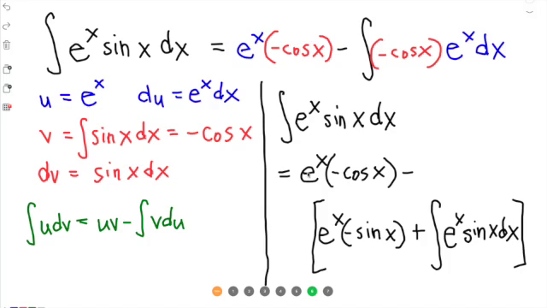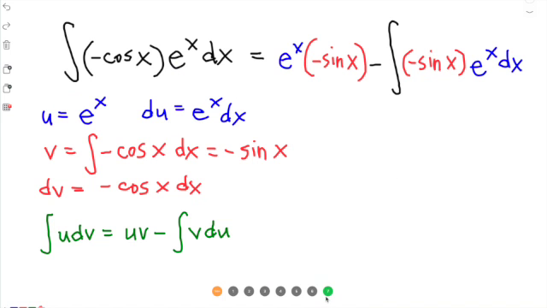This would be e to the x times negative cosine x minus this would be e to the x times negative sine x plus the integral of the same thing, our original problem here, e^x sine x dx. So if we apply this negative sign here, we can write it down. Let me just write it down in new form.